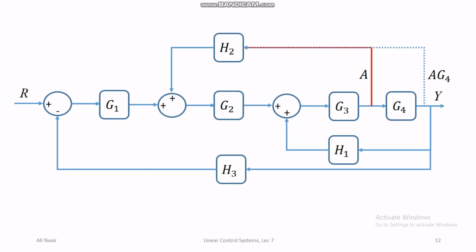So there is an extra G4 due to changing the position of the rear end of the branch. We need to take care of this extra G4.